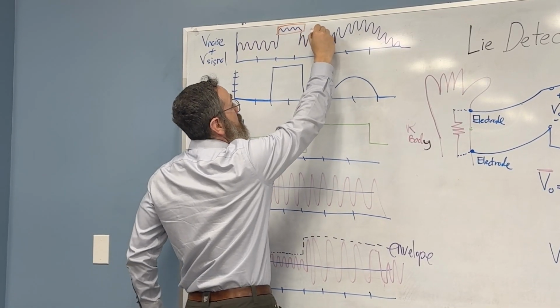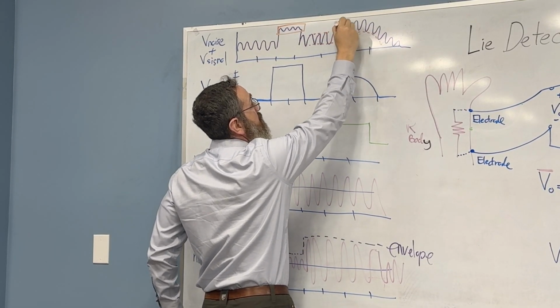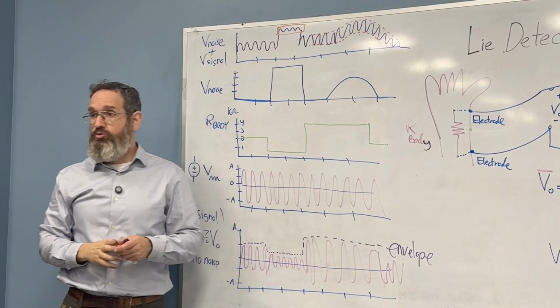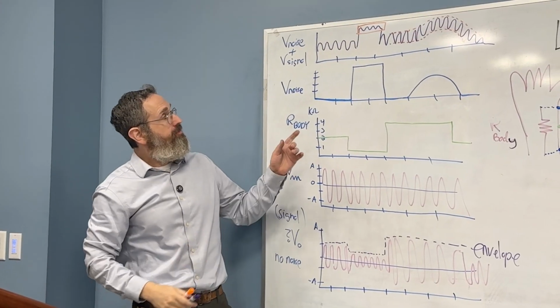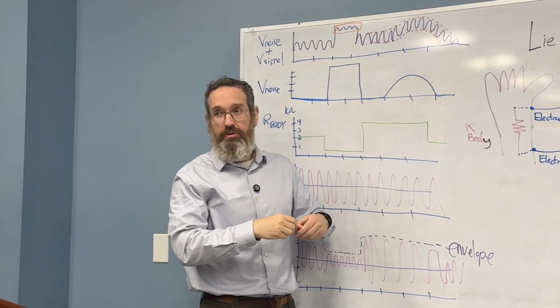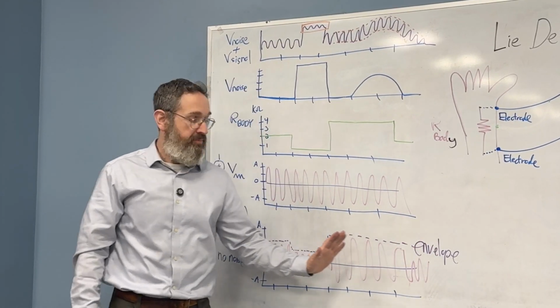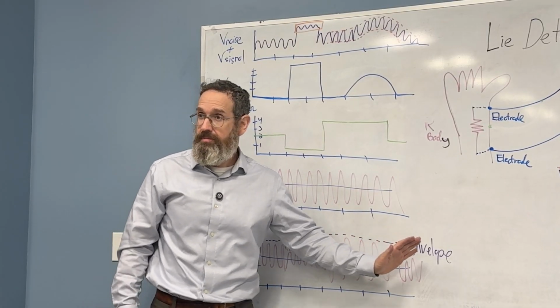That's this wiggle. So the wiggles are riding on top of the noise. But if you look at, for example, from this period to this period, your sister's resistance did not change.